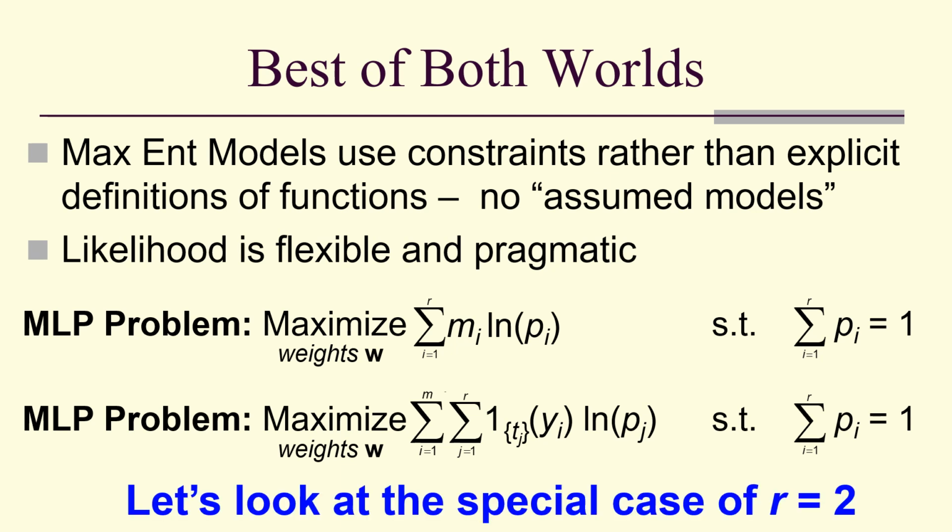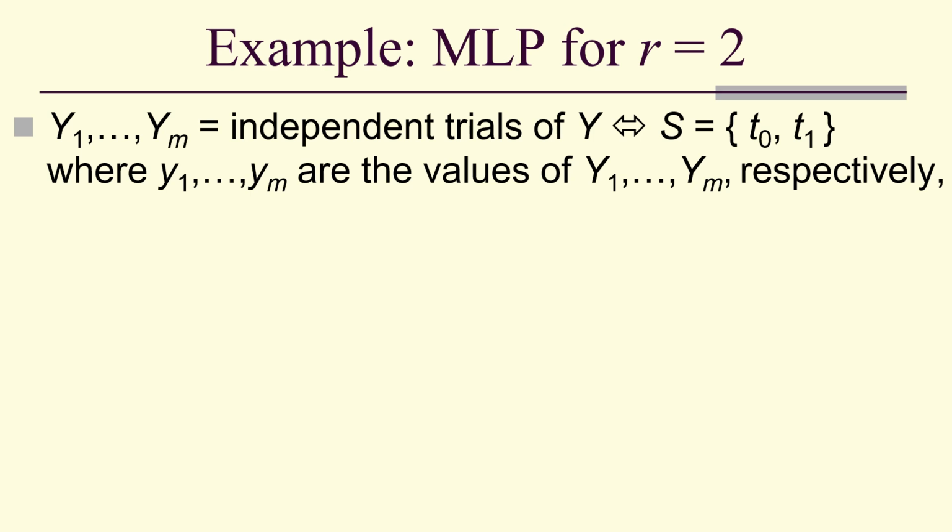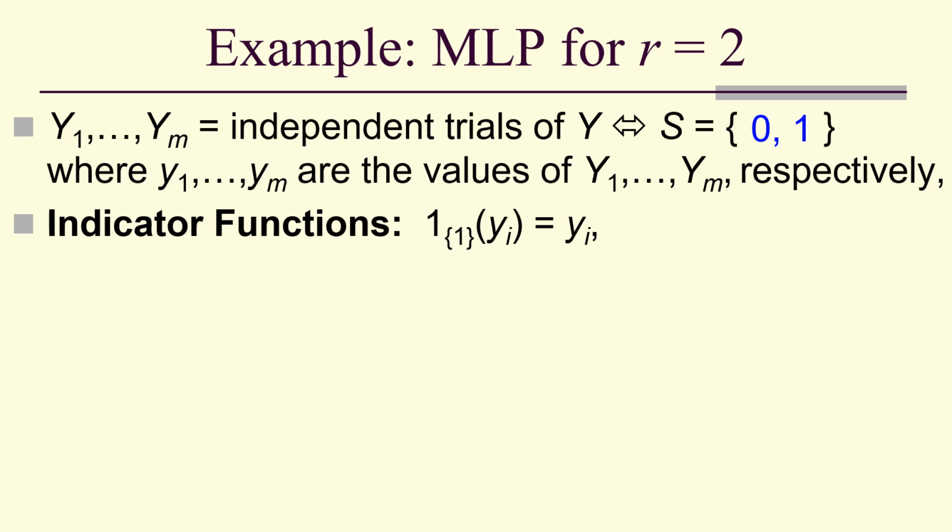What about if r is equal to 2? So our sample space S for r equals 2 is t0, t1, but it's advantageous to use instead the sample space 0, 1, because then our indicator functions are quite easy. The indicator function of 1, if y sub i is equal to 1, then it's just an indicator of itself. Likewise, if y sub i is equal to 1, then the 0 indicator function would be 1 minus 1, which would be 0, and vice versa.